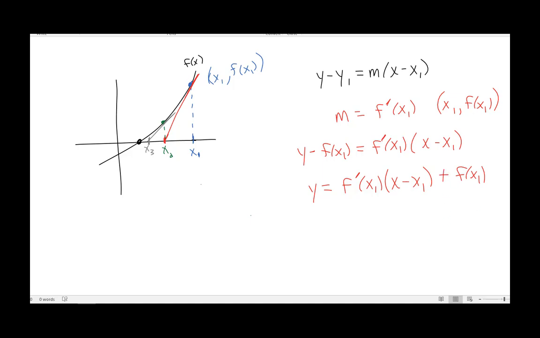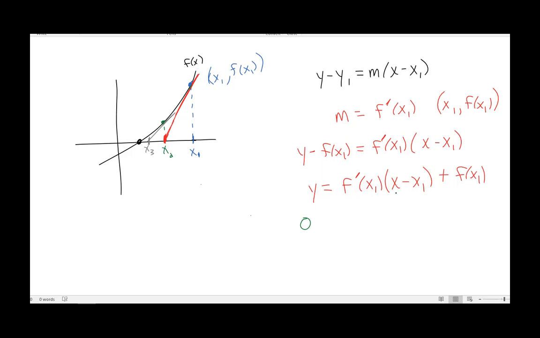Now remember, what we're looking for on this red tangent line is the x-intercept, and that's going to generate my next guess. So what is this x-intercept, x2? I used green here. On this first line, the x-intercept occurs where y is equal to 0, so I'm going to set y equal to 0.